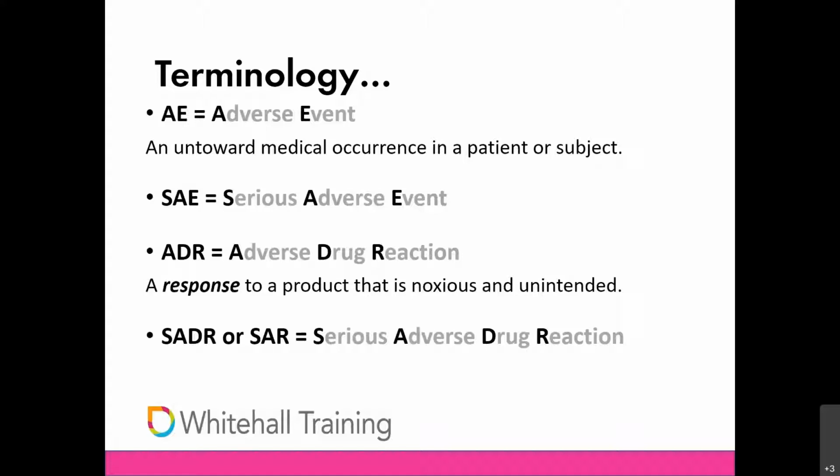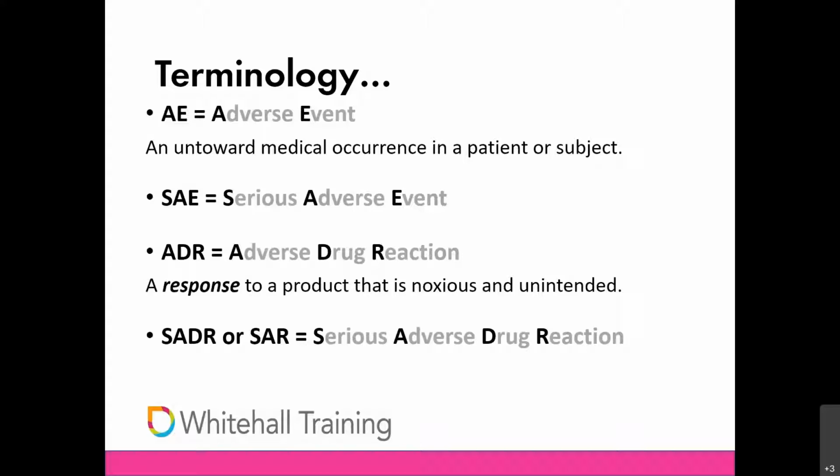Slight word of warning with SADR and SAR. Some people use the S to mean suspected. So that would mean an SADR is a suspected ADR. Technically, this isn't right, because once something's classed as an ADR, you already have the causality in there.